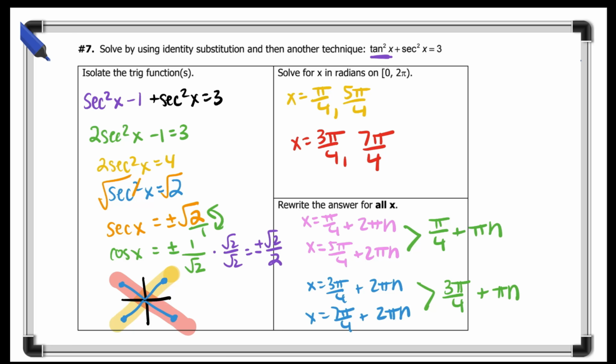Another way that you could write this would be pi over 4, that's your starting angle, and then it repeats every pi over 2 times n. So there are a lot of different ways that you can write this, but if you're comfortable with taking all your angles and having them repeat every 2 pi n, that would be perfectly fine.